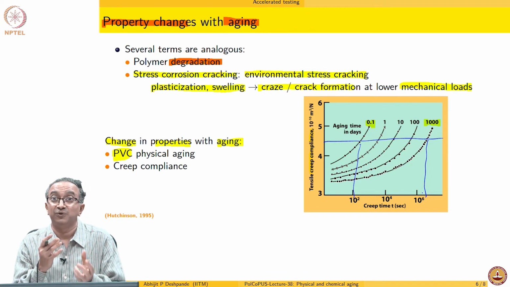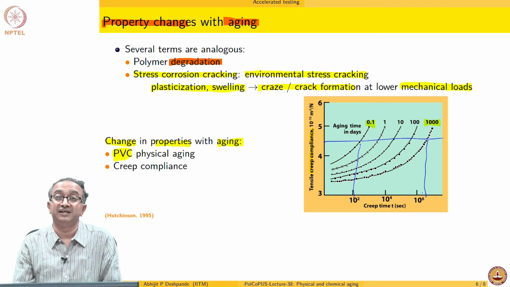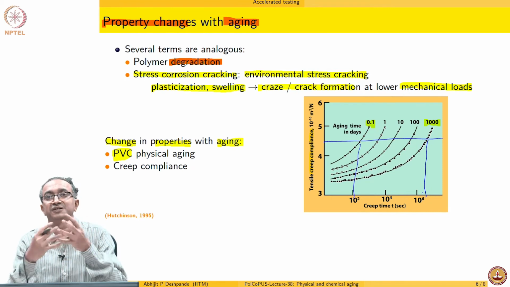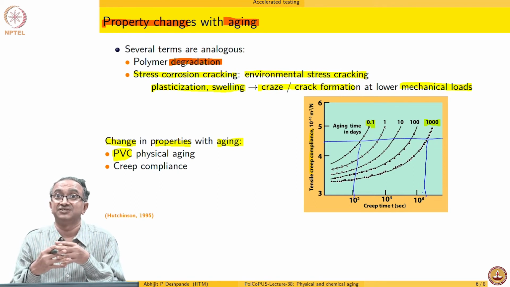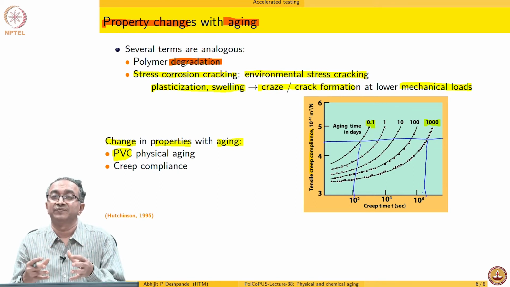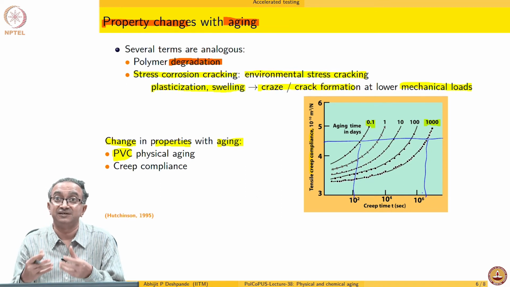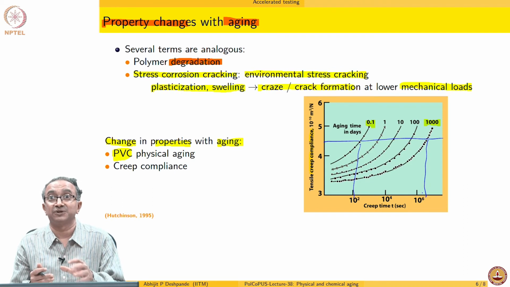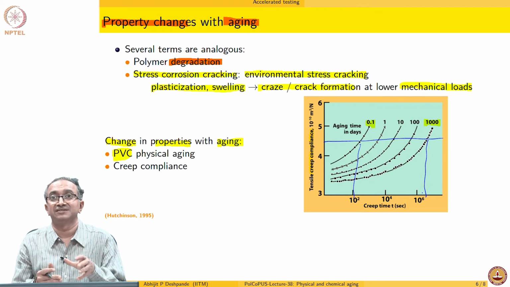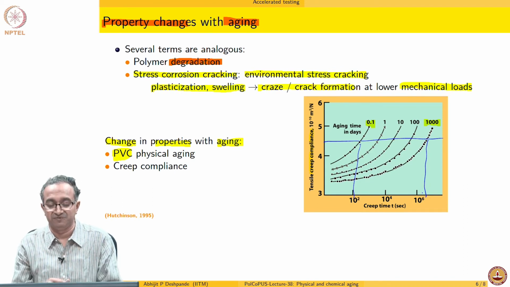So you can see there are orders of magnitude difference in the response of the material due to physical aging alone. This is because molecular rearrangements take place: glass transition changes, free volume changes, molecular interactions change, and due to that the property of the material, which is creep compliance here, gets modified significantly. That is the importance of aging. It modifies the material properties in a very significant way.